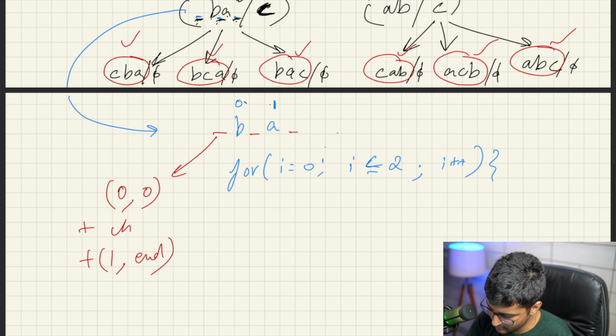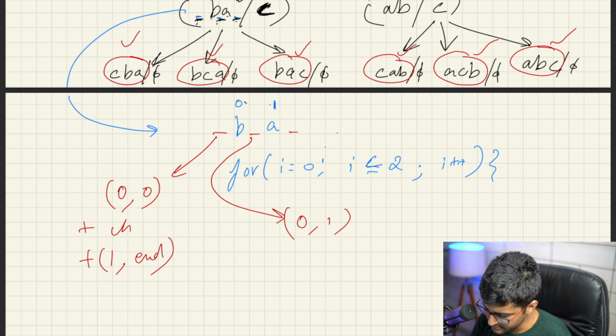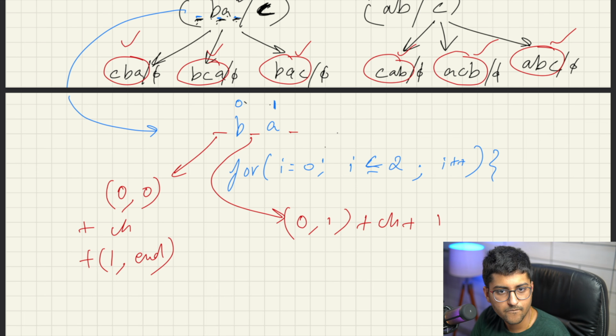Similarly, what is this? This is basically equal to 0 till 1 plus character plus the rest. If I'm talking about 0 till 0, it will just be empty.